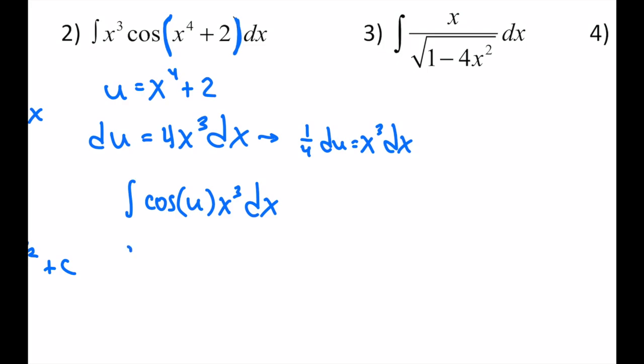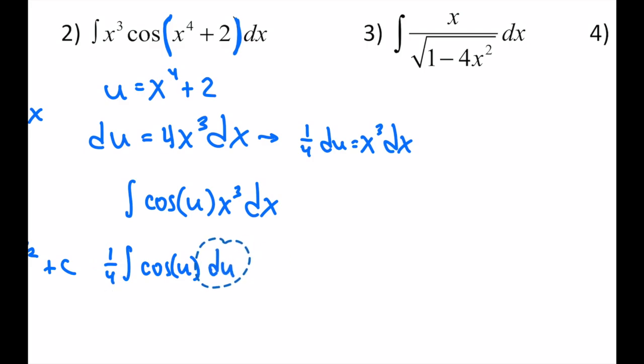Let's go all the way then. So we've got the integral of cosine of u multiplied by 1/4 du. Because 1/4 is just a constant, I'm going to pull that outside of the integral. I can do that because there's no variable there. Let me neaten up.